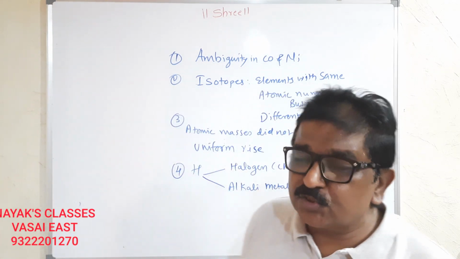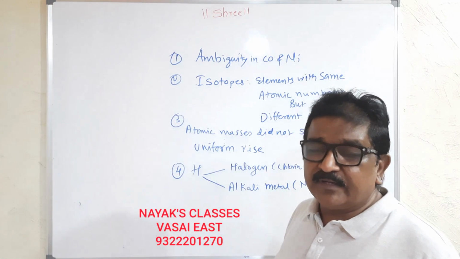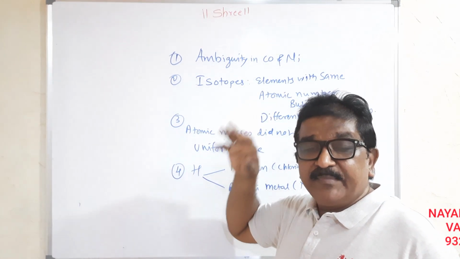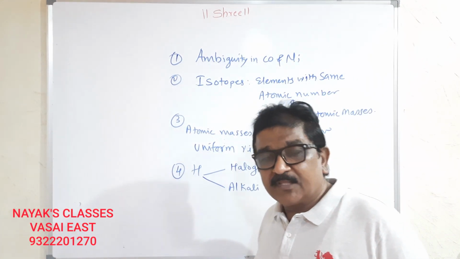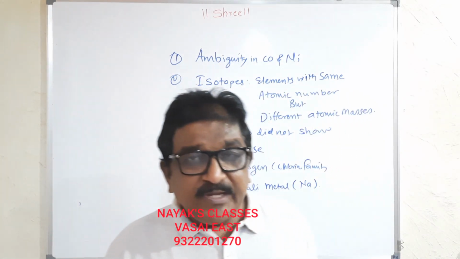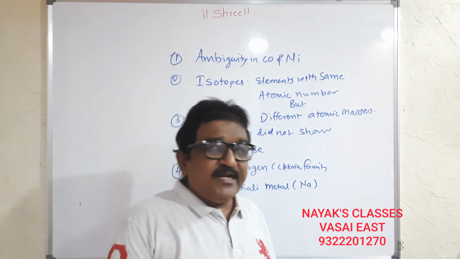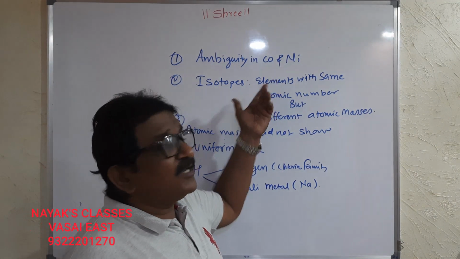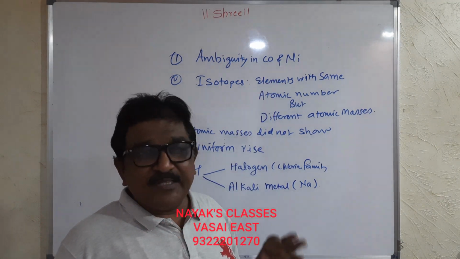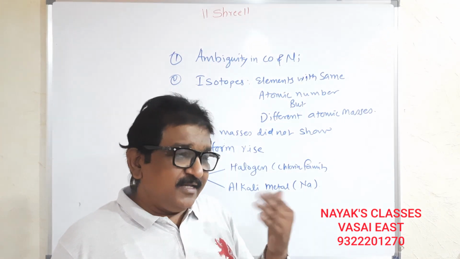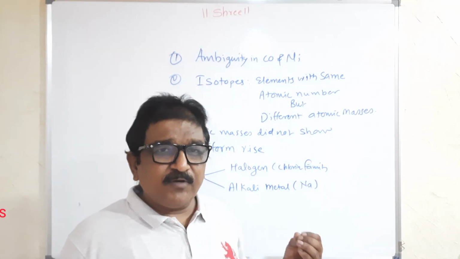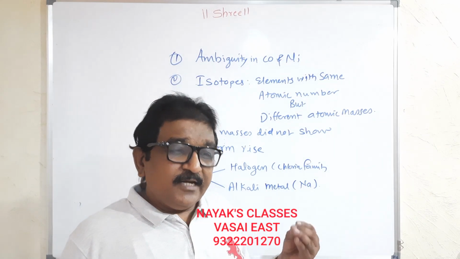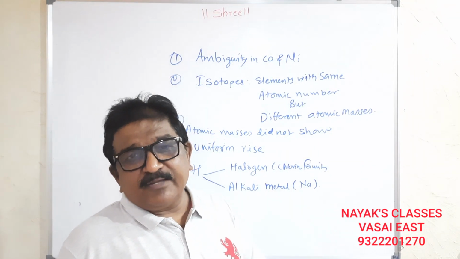Those were not able to adjust themselves in Mendeleev's periodic table, and we needed an explanation of isotopes. Mendeleev's periodic table was not able to explain them. Isotopes were discovered a long time after Mendeleev's periodic table, and it is related to Mendeleev's periodic table.